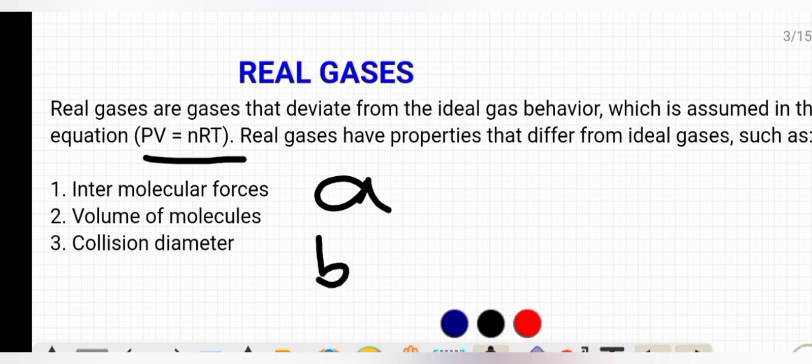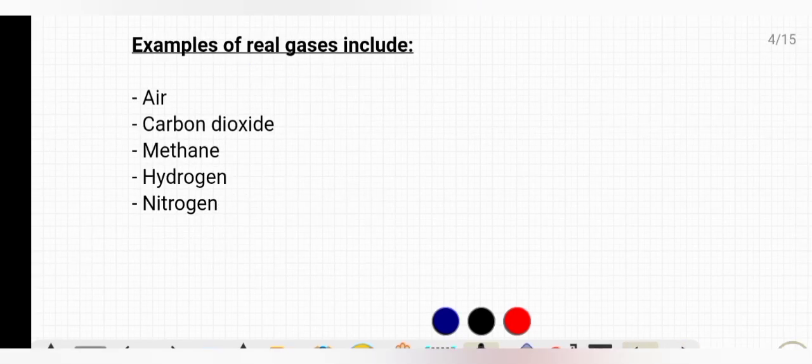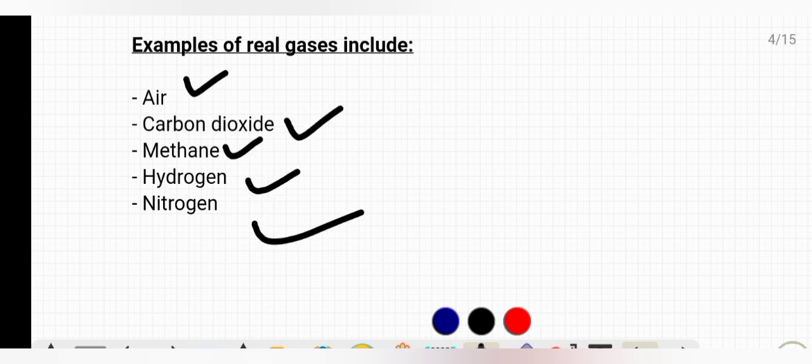Real gases include air, carbon dioxide, methane, hydrogen, and oxygen, to mention but a few. So these are real gases, right?